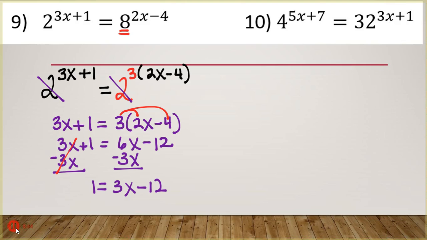And then we are also going to add our 12 to bring our constants to one side. And that is going to leave us with, sorry about that, that should be plus 12. And that is going to leave us with 13 equals 3x.